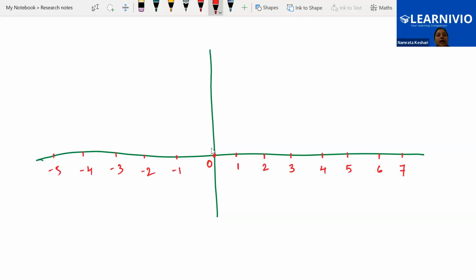Similarly, on the vertical line, on the upside, we have +1, +2, +3, +4, +5, and on the downside, -1, -2, -3, -4, -5. So you can see clearly that we have used two number lines, one kept horizontally and another kept vertically.